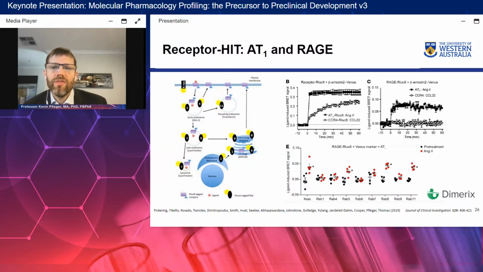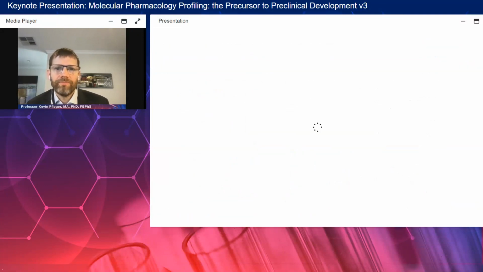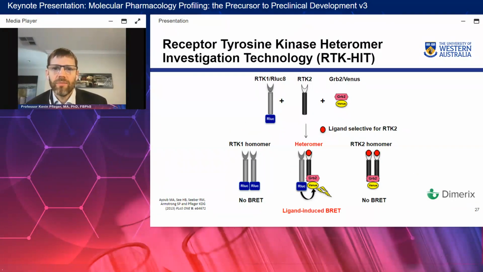So we have this process where not only are we having the RAGE internalize, but we're also seeing it recycle back to the membrane, and also we have increased forward trafficking. So the end result of that is an increased presence of that receptor on the plasma membrane, proximal to the KRAS fragment.